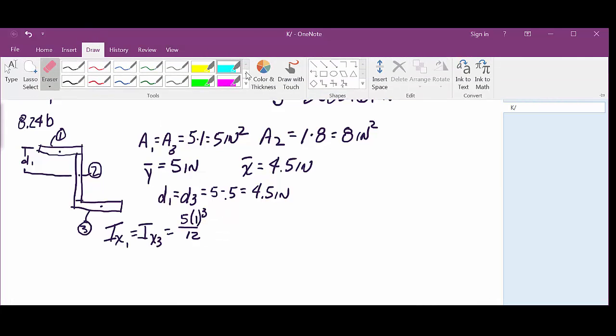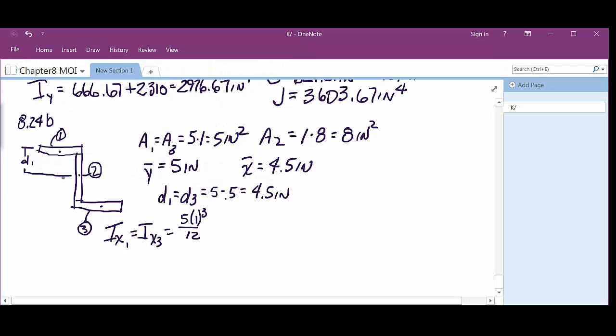There's a D value in there, so anytime there's a D value, we have to add the area, which is 5 square inches, times the D, which was 4.5, and that value has to be squared. So it's the moment of inertia about the shape plus the area times the distance squared. That should turn out to be something like 101.7 inches to the 4th. So that's the two wing pieces, if you will.